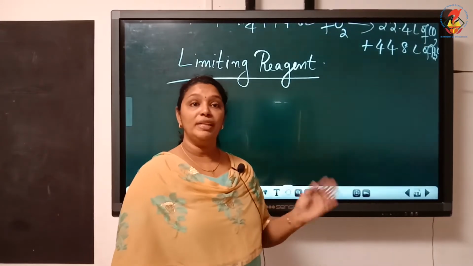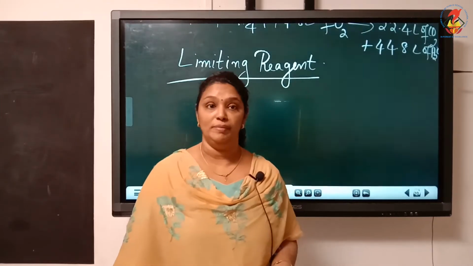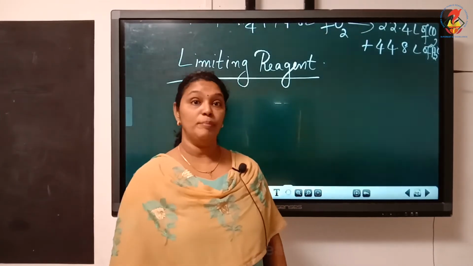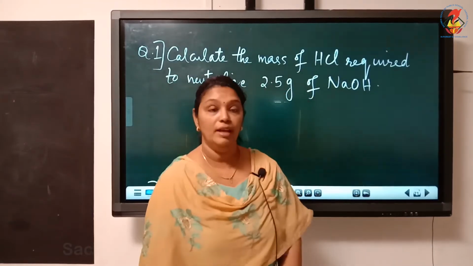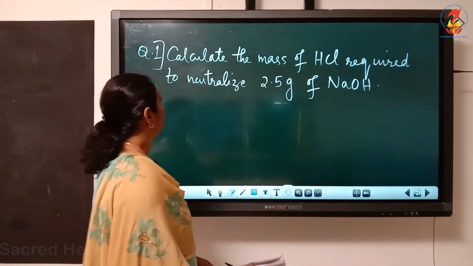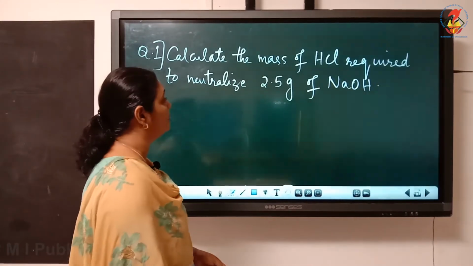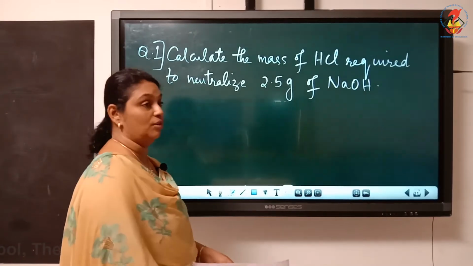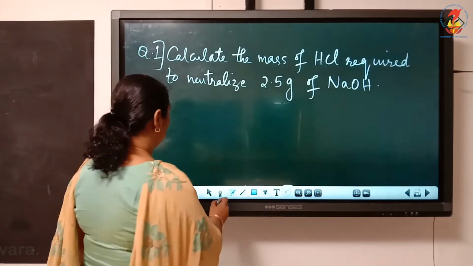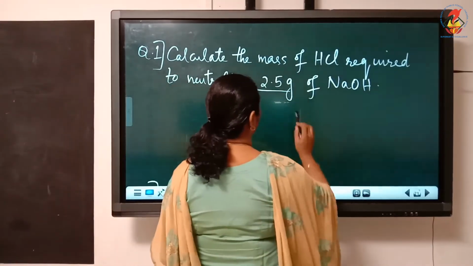Now, stoichiometric calculations and limiting reagents are used in problems, so we are going to do 3 problems. Look at the first question: calculate the mass of hydrochloric acid required to neutralize 2.5 gram of sodium hydroxide.